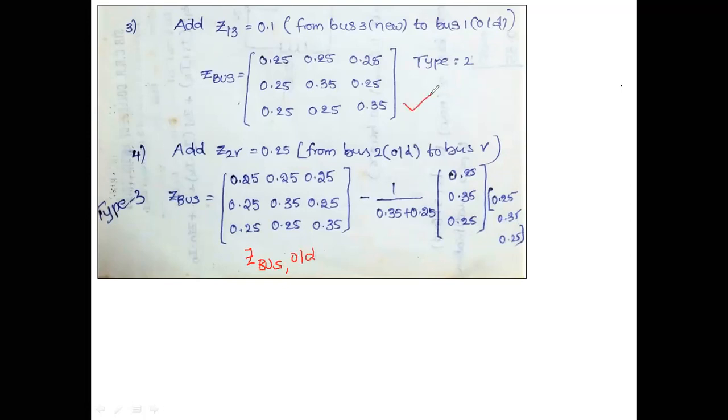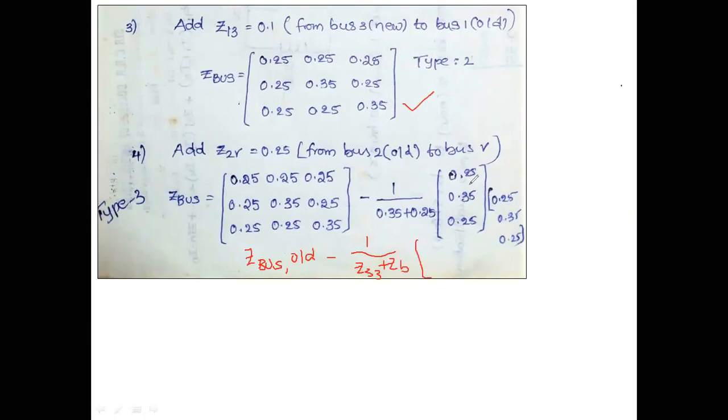So Z bus old is this one, minus 1 by Z33 plus ZB formula. Now again, this is the case.